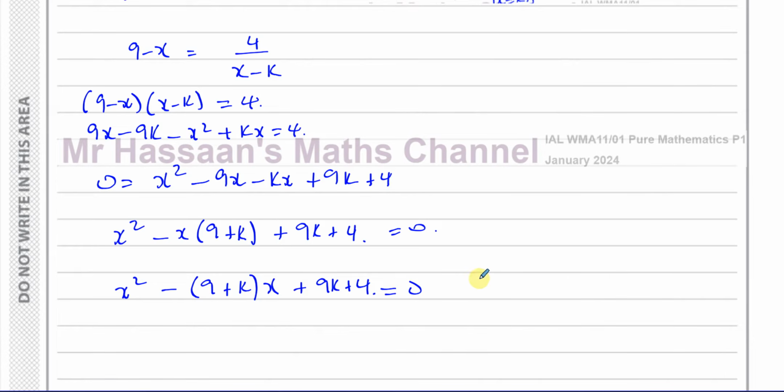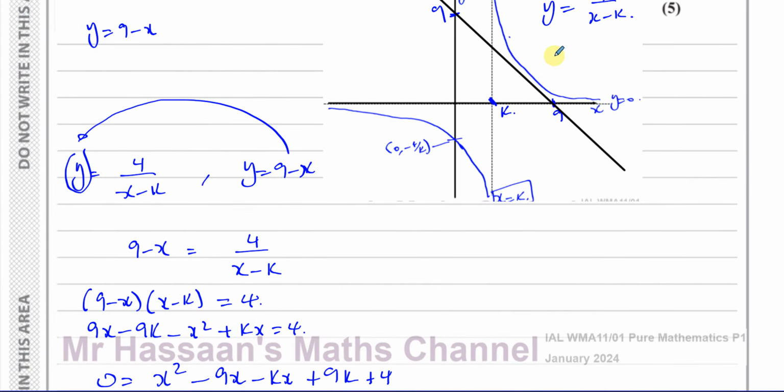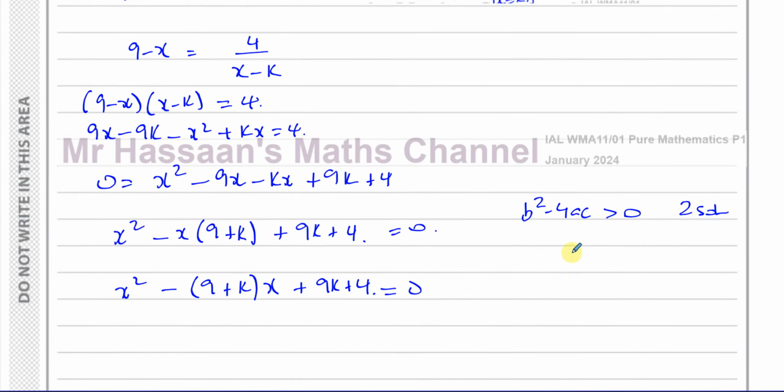And we know that when you have a quadratic equation and the discriminant, b squared minus 4ac, is positive, you have two solutions. So if I wanted to find the values of k such that the line cuts the curve in two places, I would put the discriminant into this inequality.